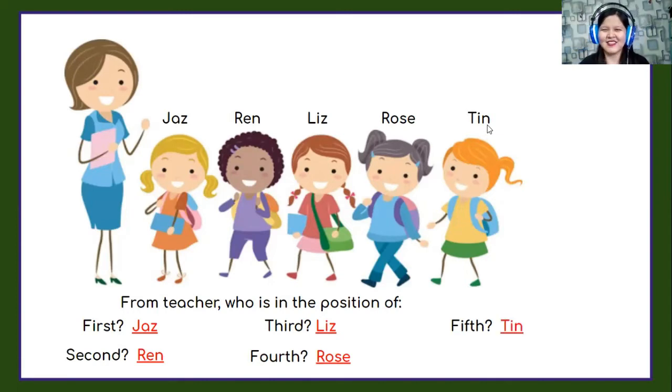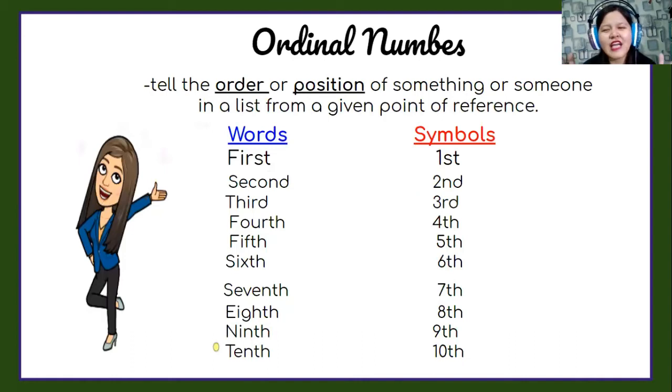Okay? So, I hope you answered all of them correctly. And now, we have here our lesson for today. Ordinal numbers. When we say ordinal numbers, they tell the order, or the position of something or someone in a list from a given point of reference.